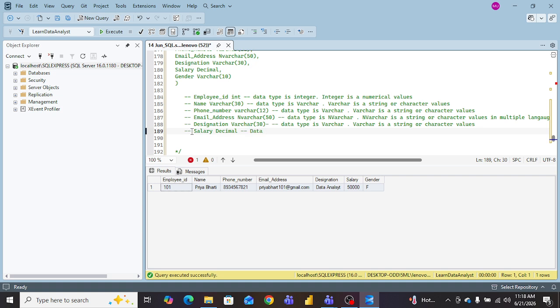So this is decimal. The data type is decimal, and decimal is a float, or I can give the idea of 12 rupees 50 or 54 paise.